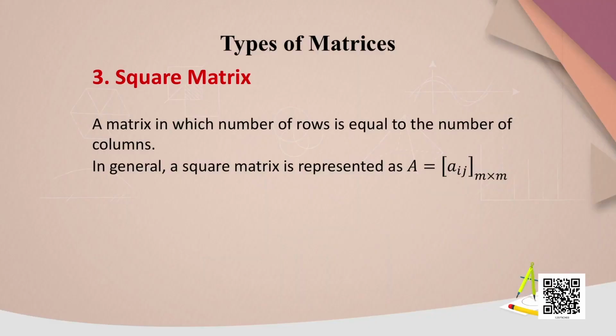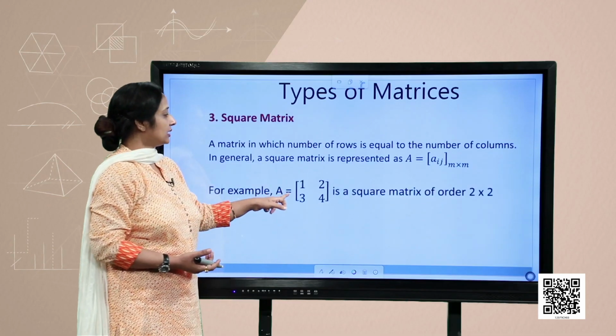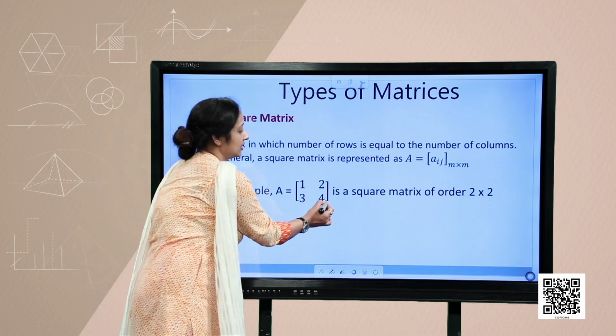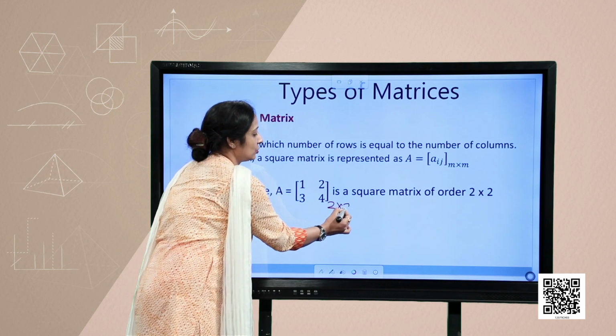Next is square matrix. As we know, the speciality of a square is it has length and breadth equal. So similarly, if we have number of rows equal to number of columns, it becomes a square matrix and its order is m by m or n by n, that depends. For example, if I take a matrix like this, 1, 2, 3, 4, it has 2 rows and 2 columns.